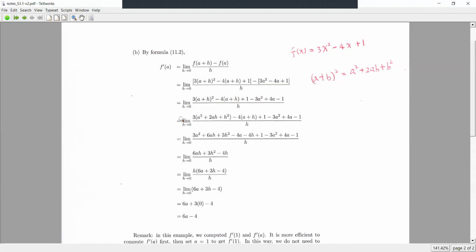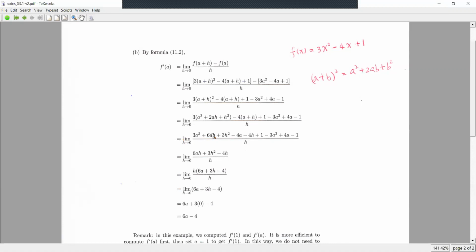Then I have this equation. Next, I distribute the number 3 to the three terms and the negative 4 to a and h. Then I have this equation.